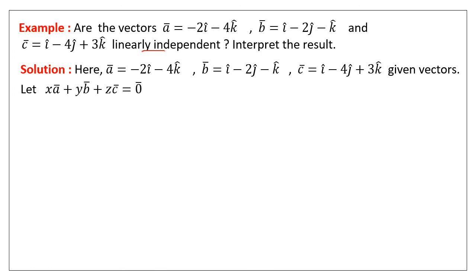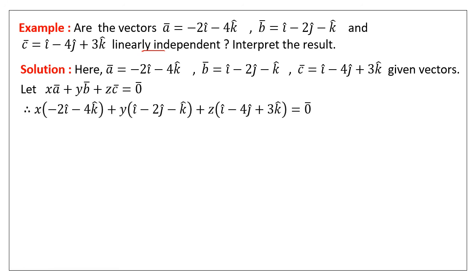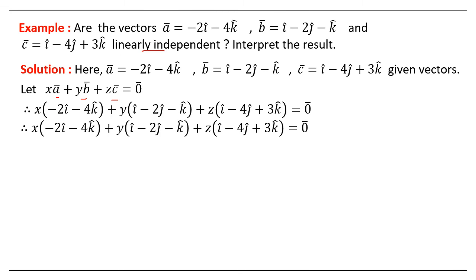Now using the condition of linearly independent vectors, let us assume that x a bar plus y b bar plus z c bar equals 0 bar. Now write down the a bar, b bar and c bar vectors there, collecting the terms of x, y and z.